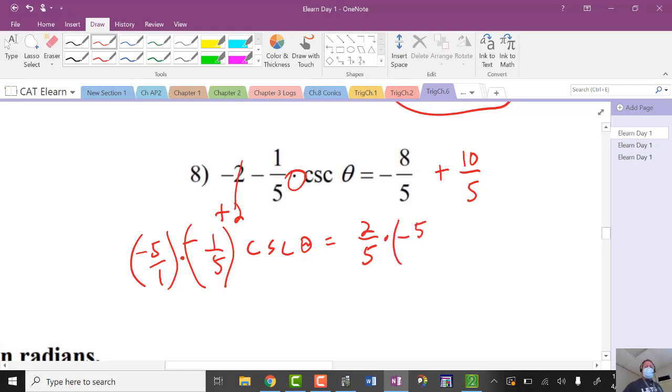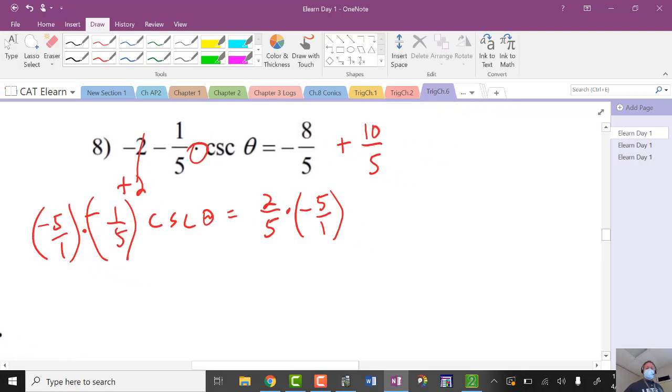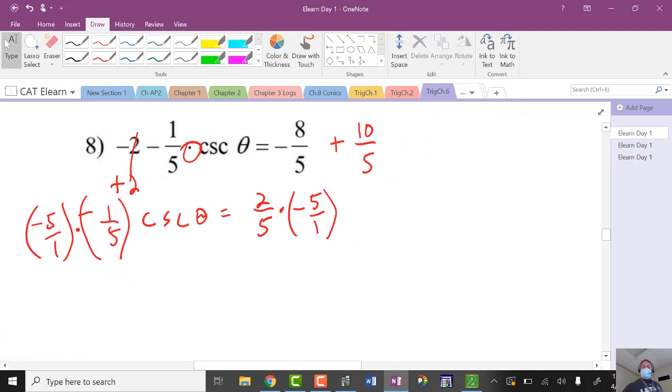I like these basic grade school equation solving things, making you remember your stuff. This becomes cosecant of theta equals -2, because the 5's cancel and you have a negative times a positive.